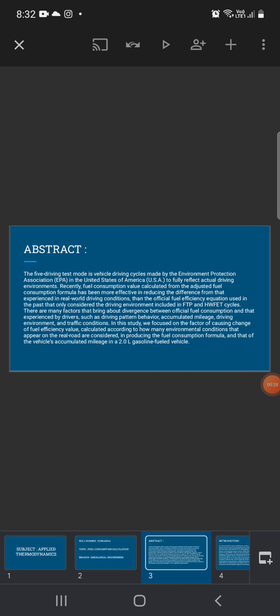Abstract. The 5 driving test modes in vehicles, driving cycles made by the Environment Protection Agency (EPA) in the United States of America (USA), fulfill or reflect actual driving environments.